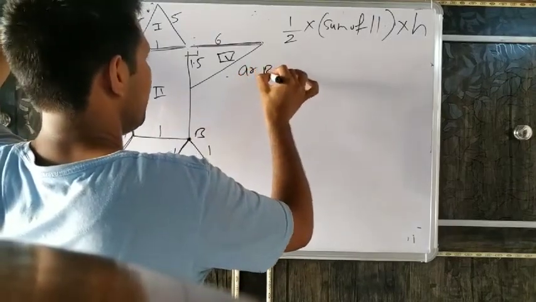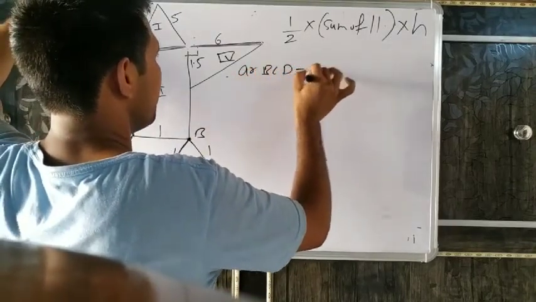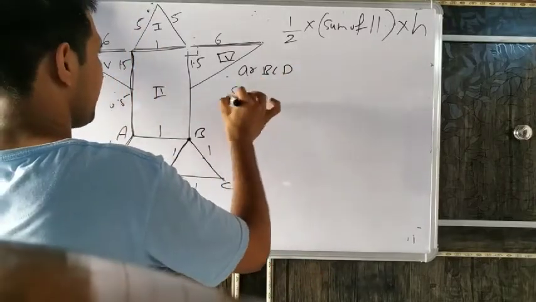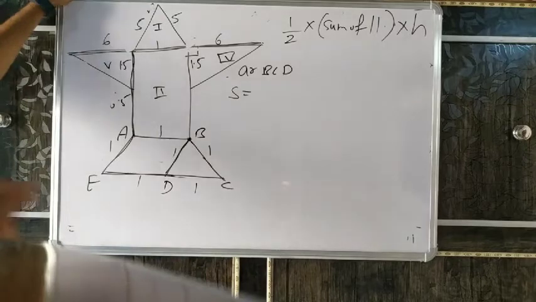So we will write the area of BCD. How will you find the area of BCD? First we will find the semi-perimeter by Hero's formula.